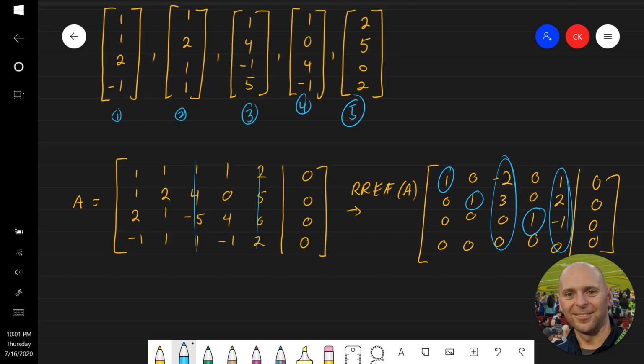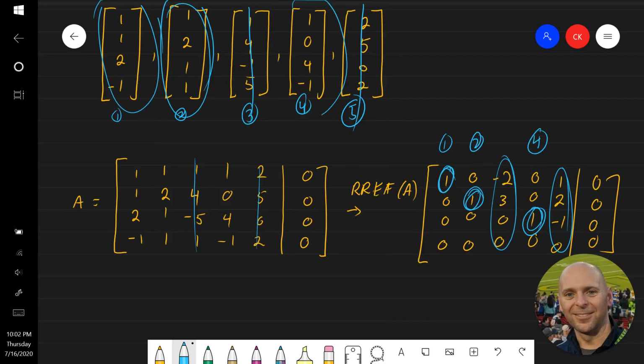These columns that have the pivots in them, these leading ones in columns 1, 2, and 4, are the ones that we keep as part of our basis. So these vectors here, 1, 2, and 4, become the vectors in our basis.